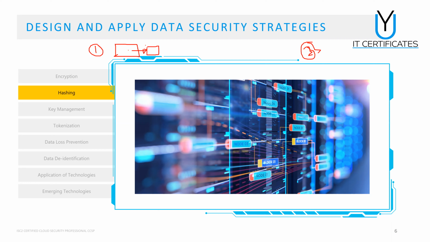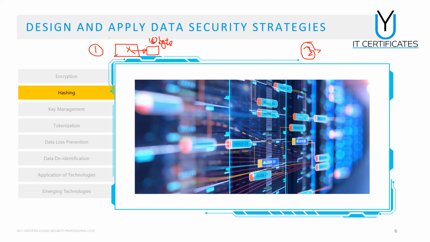Whatever the size of the message, it will create a fixed length. Let's say it may be 160 bits or whatever; however it is, it will be a fixed size. In some other situations, it may be 256, 512 or whatever. Let's say the basic one, 160.